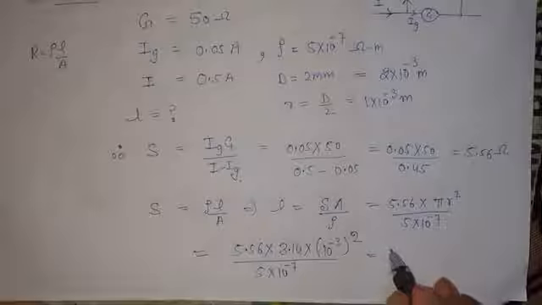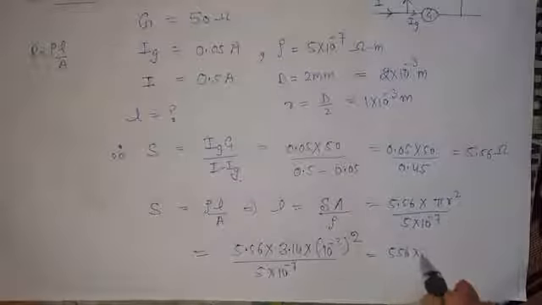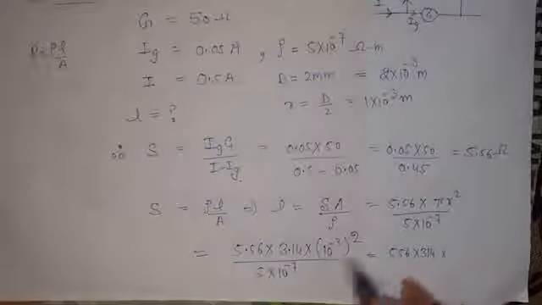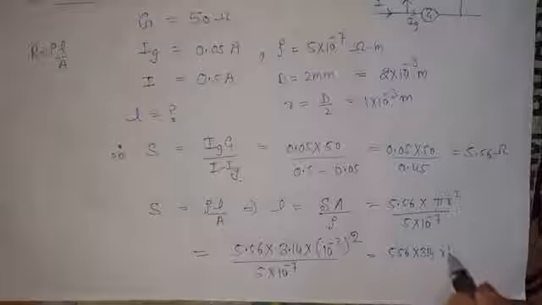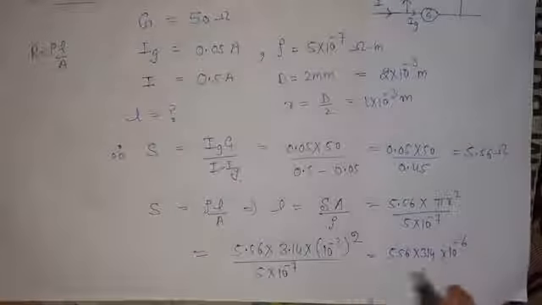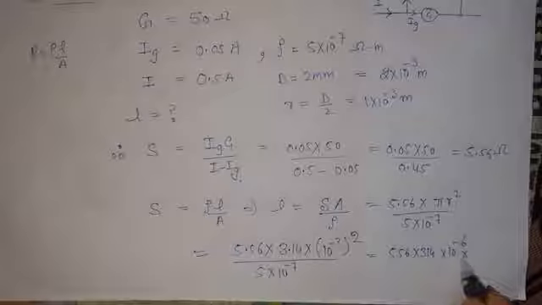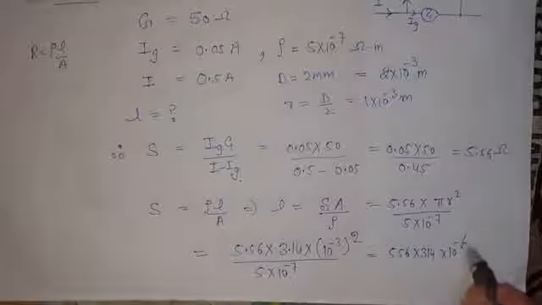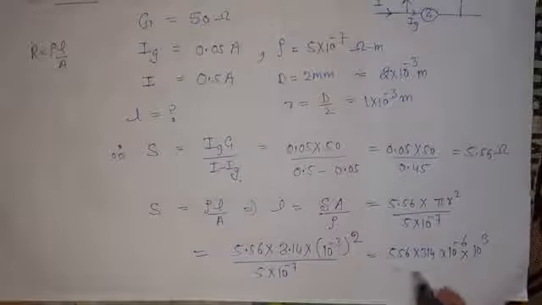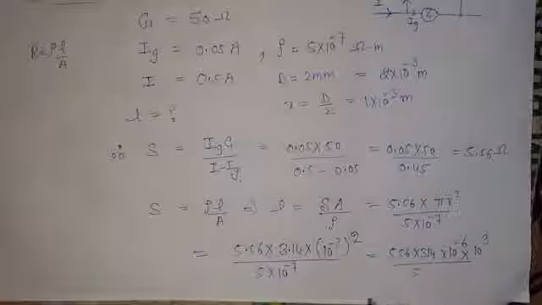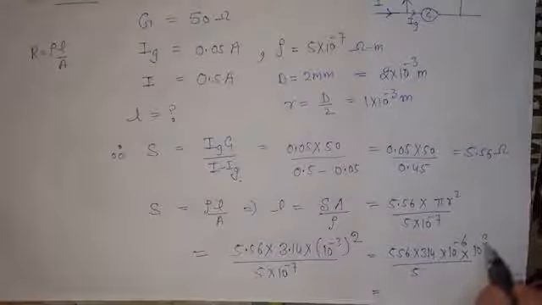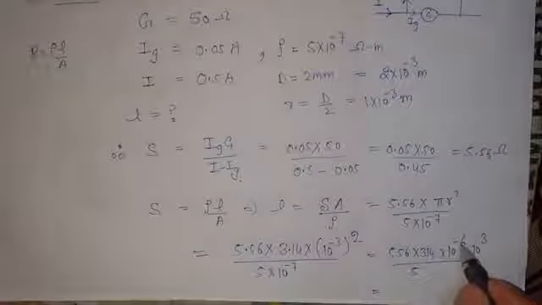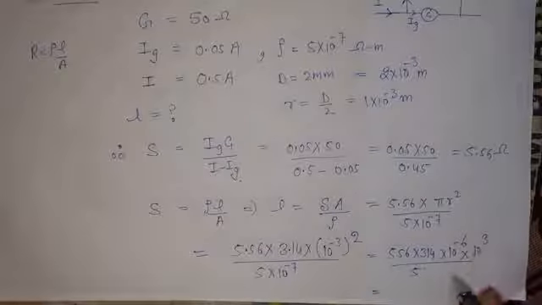Okay, so it is 556 into 314 into 10 to the power minus 6. In the denominator it was minus 3, so that will come to the numerator and become 10 to the power plus 3. So 10 to the power 3 minus 6, so minus 3 will come over there.